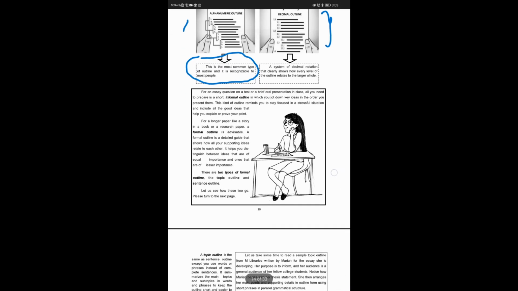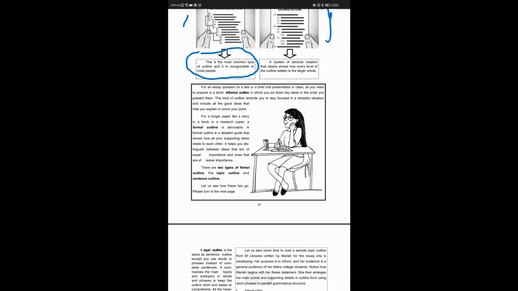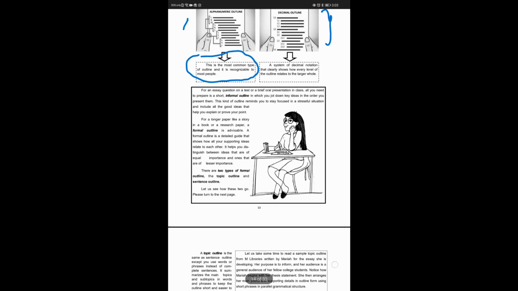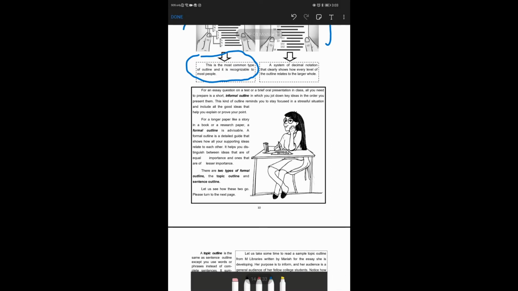Okay, let's proceed. For an essay question on a test or a brief oral presentation in class, all you need to prepare is a short, informal outline. So, kapag ikaw, you have a very limited time, like, mag-recite ka, mag-present kayo ng group work ninyo, ang ginagawa mo lang daw ay ang short, informal outline.